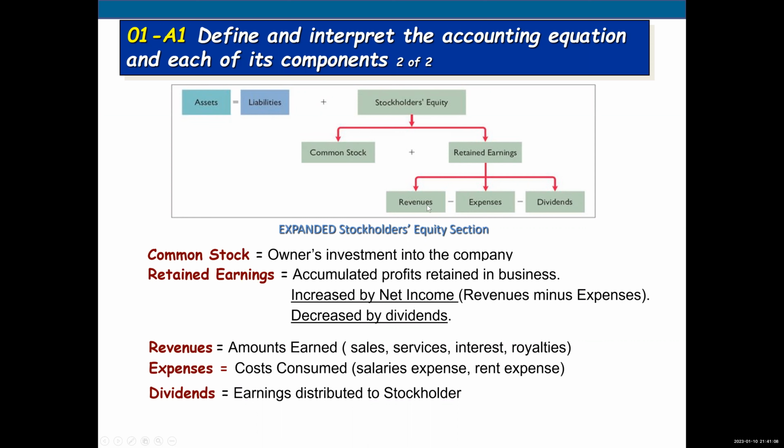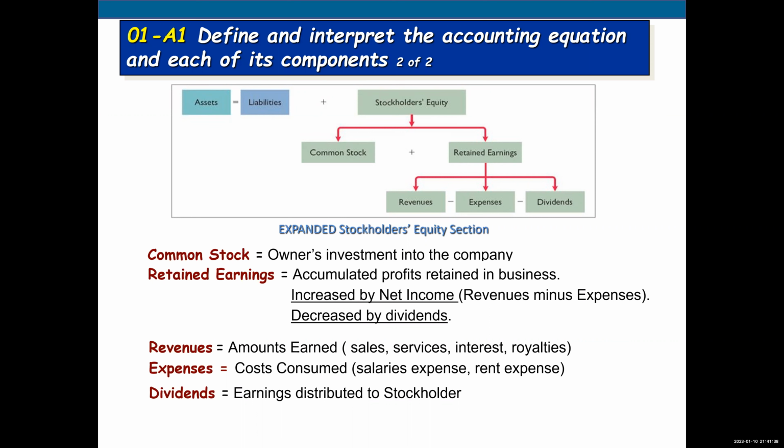What's revenue? Revenue is amounts earned, and we can earn them through selling a product, providing a service, earning interest, and maybe even earning royalties. Expenses are costs consumed. If you can tell me a business that doesn't have any expenses, then I want in on that scam.